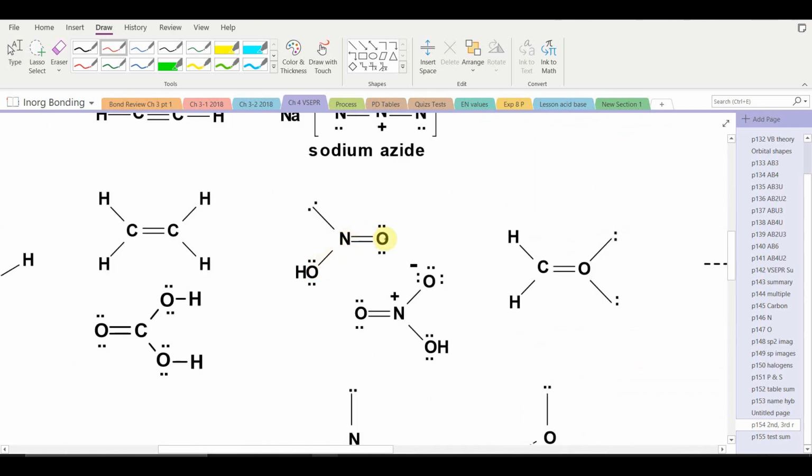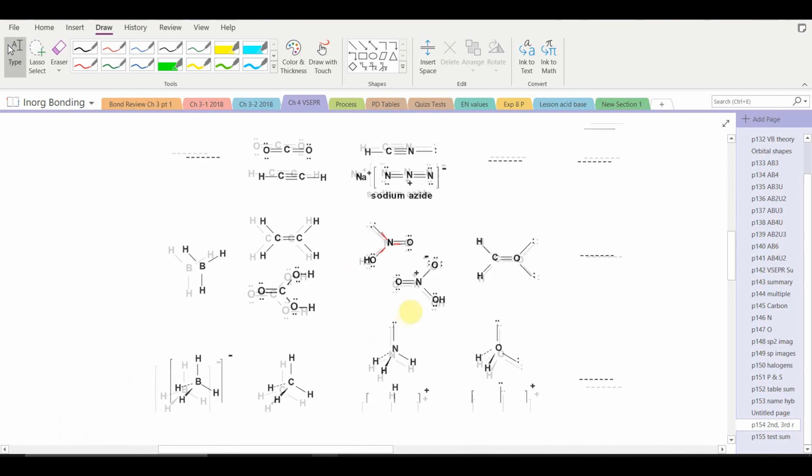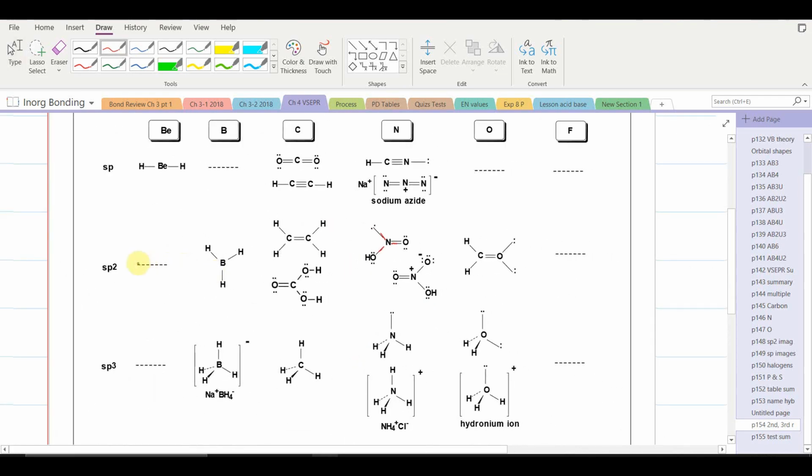What's the hybridization state of nitrogen in this compound? How many pairs of electrons does it have that require hybridized orbitals? Well, sigma bonds and non-bonded electrons. So there's 1 here, there's a non-bonded pair here, and there's 1 sigma bond in the double bond. There are 3 pairs of electrons that require hybridized orbitals. It is sp2 hybridized, as it says here in the leftmost column.